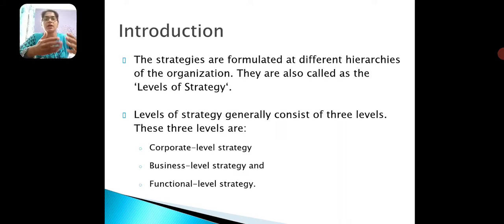Suppose when I talk about Tata's, it has so many businesses under it, but it is one Tata group, isn't it? Same way Reliance, of course they are also a conglomerate. Under Reliance there are so many businesses, but when I talk about the strategy of Reliance, it's like one corporate strategy.